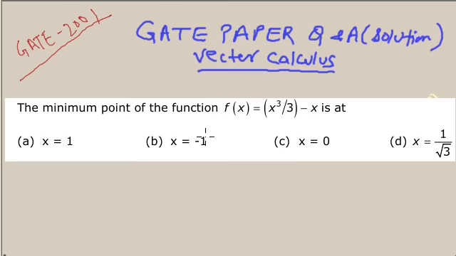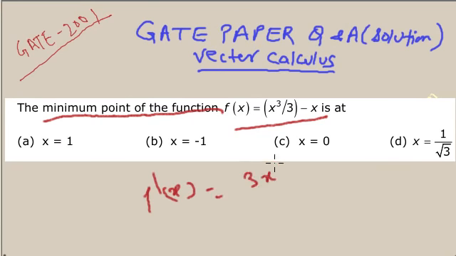This is another question. You are required to find the minimum point of the function. For the minimum point, you need to differentiate with respect to x. So f dash x is equal to 3x squared divided by 3 minus 1, equal to 0.